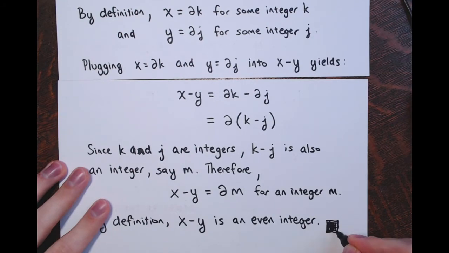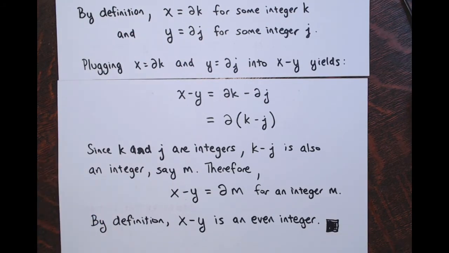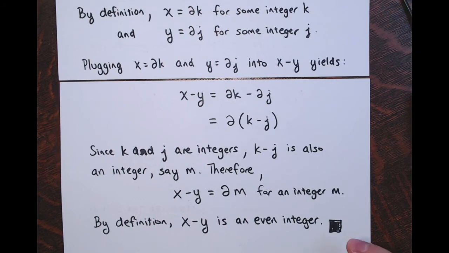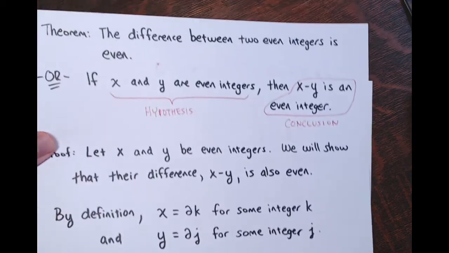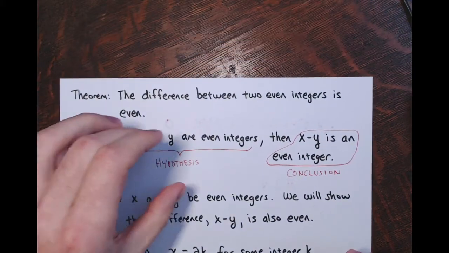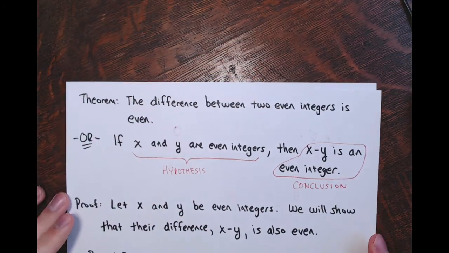And fill in this little black box here, or write QED. Sometimes it's not even a filled in box. Sometimes it's just an open box, but some sort of symbol to indicate the end of the proof. There. That was another example of a direct proof of some conditional statement, some if-then statement.